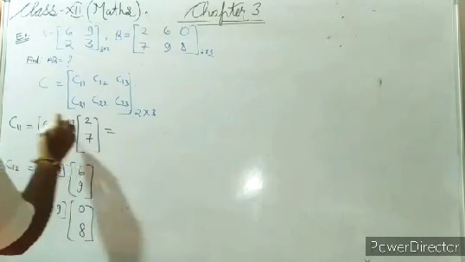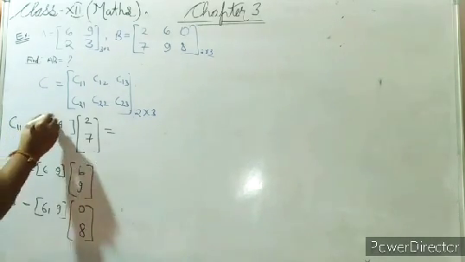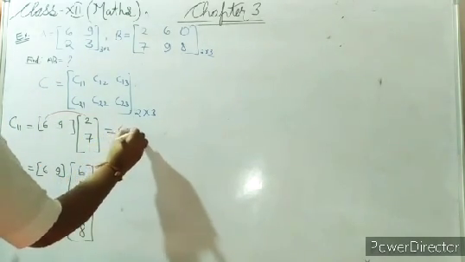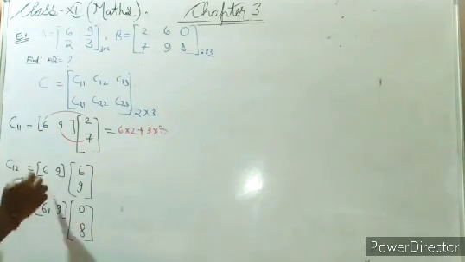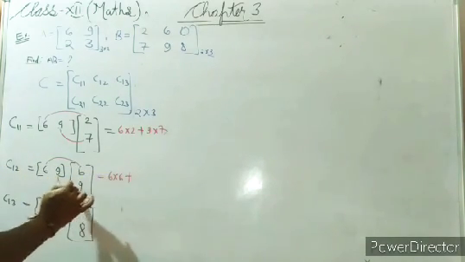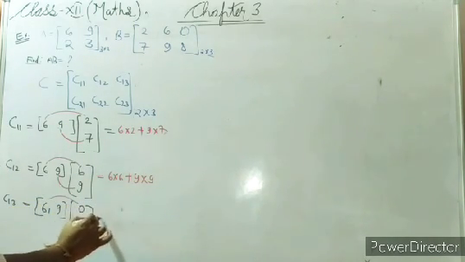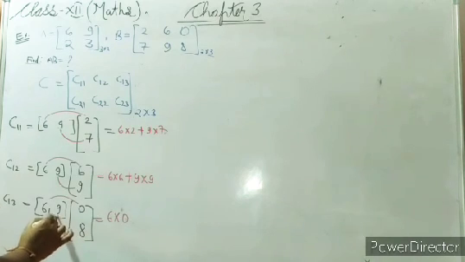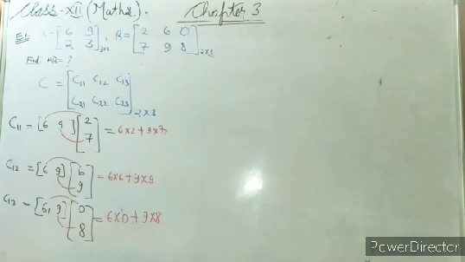Then you will solve this. 6 multiply with 2 plus 9 multiply 7. 6 multiply 6 plus 9 multiply 9. Here also same. 6 multiply 0 and plus 9 multiply 8.